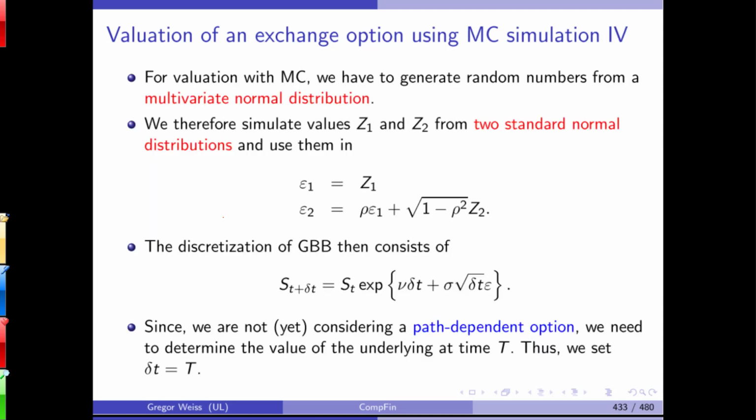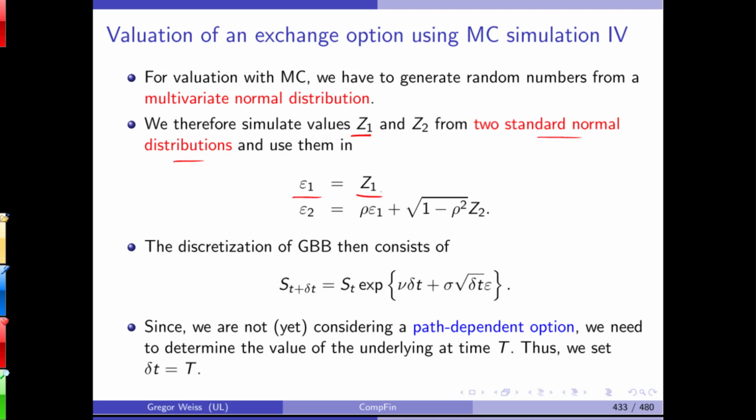So for Monte Carlo simulation, we do the following. We have 2 geometric Brownian motions that are linked via a correlation of rho to a bivariate normal distribution. So we simulate from a bivariate normal distribution, which is, in this case, we take 2 standard normal distributions, Z1 and Z2.